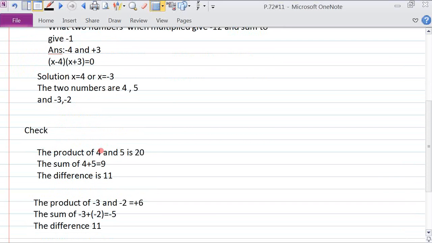The product of 4 and 5 is 20. The sum is 9. 20 is 11 more than 9. The product of minus 3 and minus 2 is plus 6. The sum is minus 5. The difference between plus 6 and minus 5 is 11.